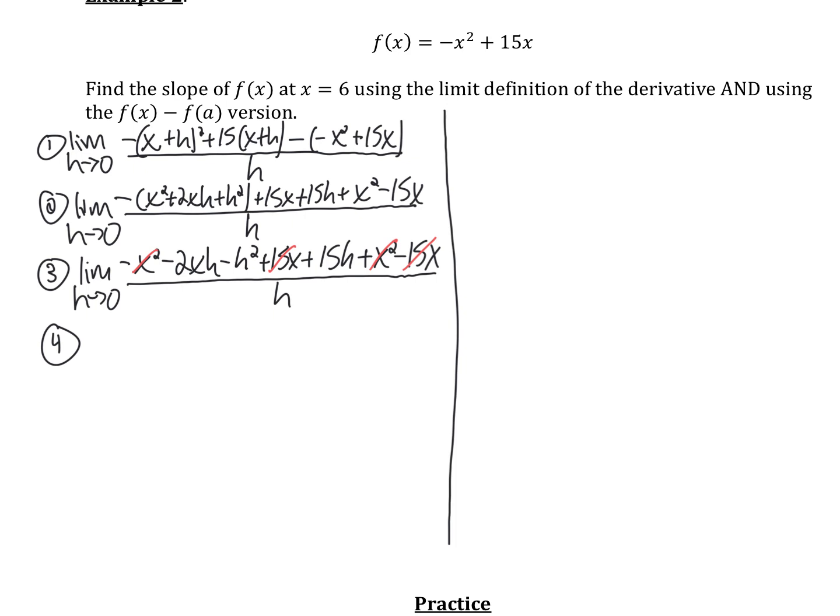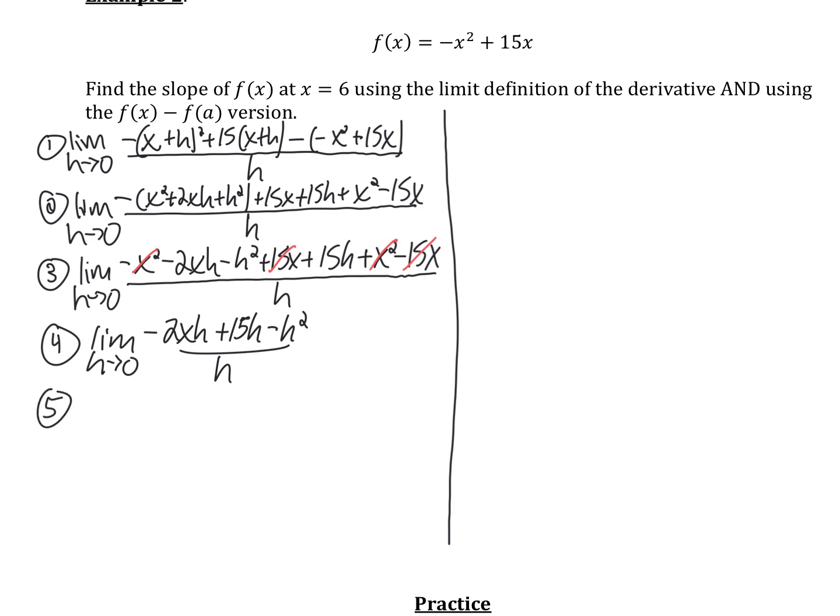And what I'm left with is the limit as h approaches 0 of negative 2xh plus 15h minus h squared all over h. The idea here again is we want to cancel out that h in the denominator, so we can factor out an h in the numerator.